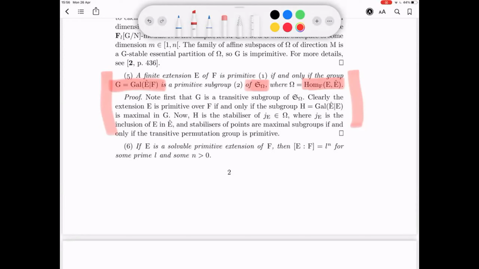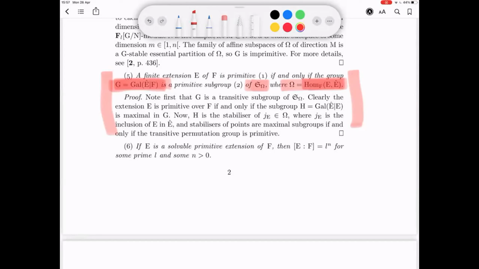If I have an F embedding of E into E hat and an automorphism of E hat, I apply that automorphism and I get another embedding. So this group of all automorphisms acts on the set of all embeddings.